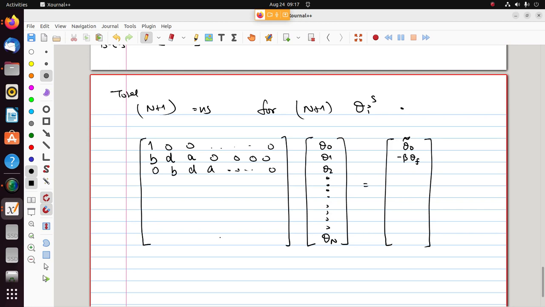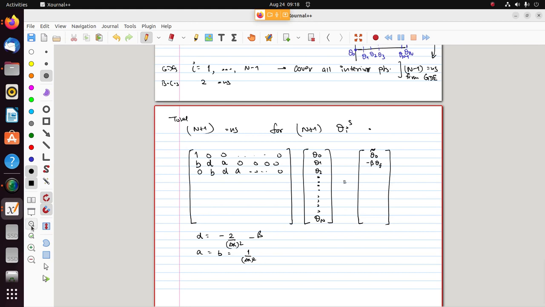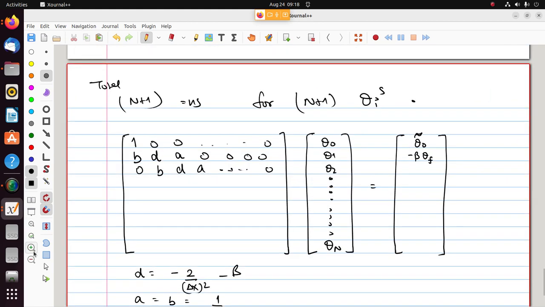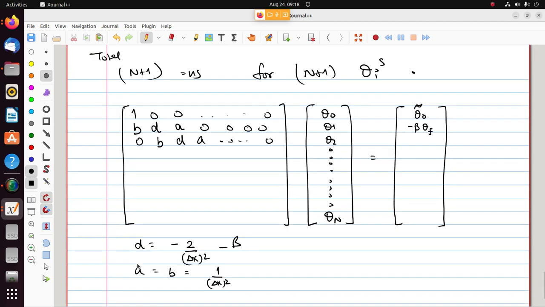So let us define D. Is that clear? And we keep doing that until we reach the right boundary point.